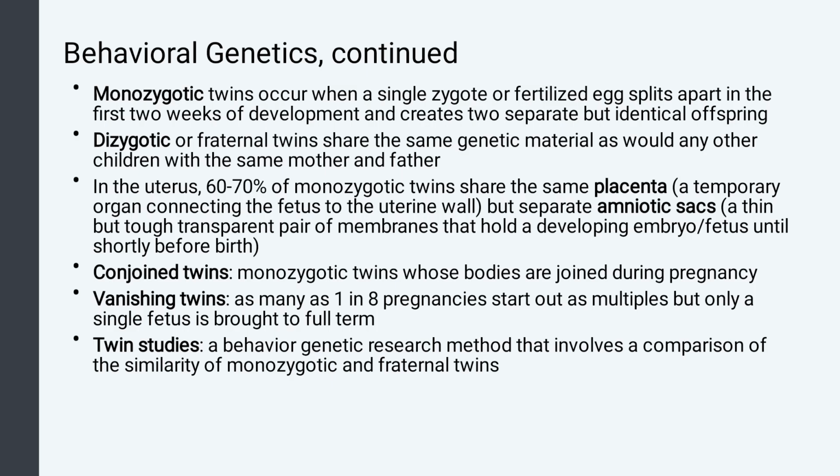So in the uterus, 60 to 70% of monozygotic twins share the same placenta, a temporary organ collecting nutrients. So the placenta is a temporary nutrient-supporting organ.